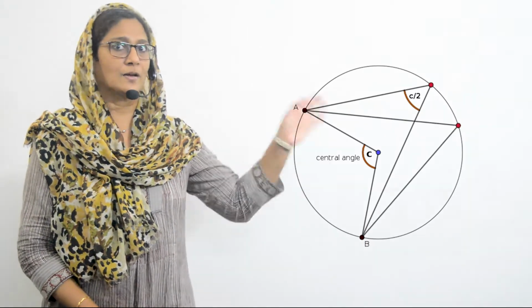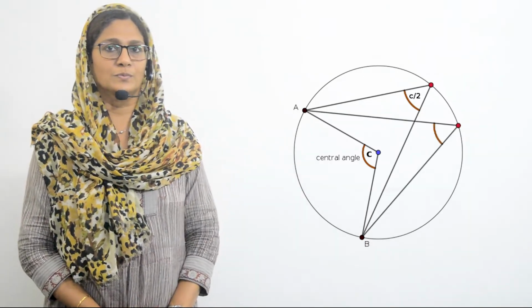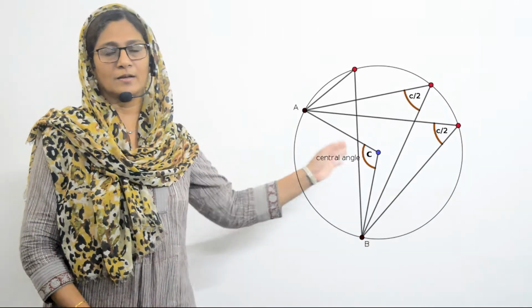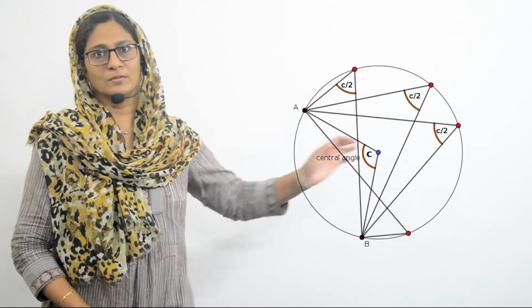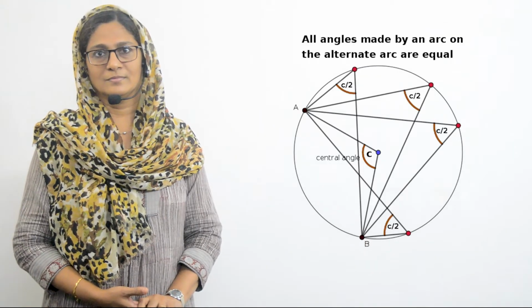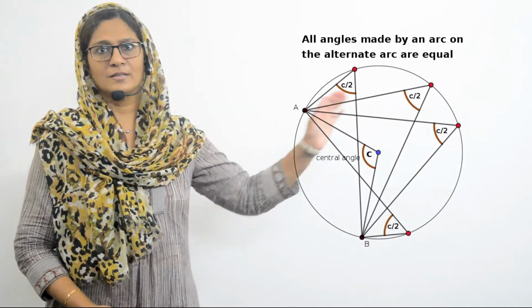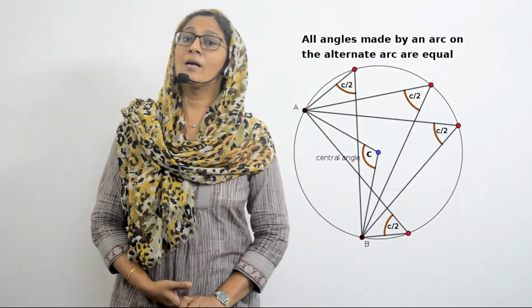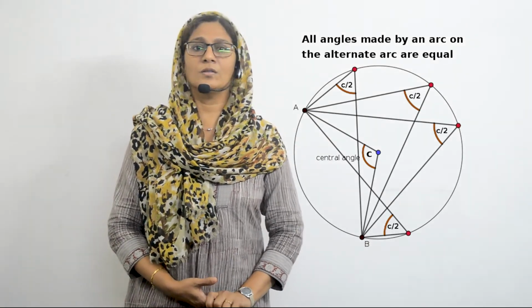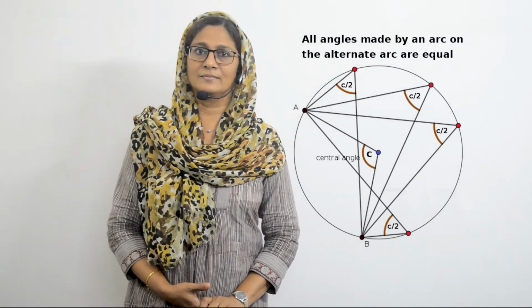The measure of that angle will also be c by 2. Drawing another angle also gives measure c by 2, and so on. All the angles in the arc are equal. Thus, all angles made by an arc on the alternate arc are equal.